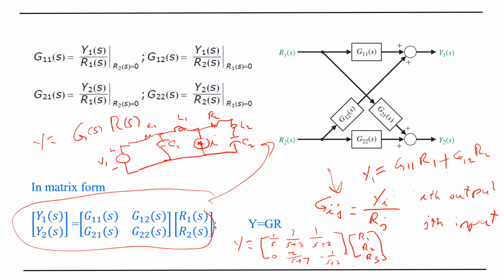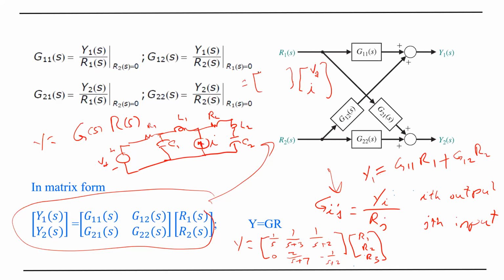What are my inputs in the system? V1 and I1. Call the voltage source V and the current source I. Call them R1 and R2. Now it depends on how many outputs I need.